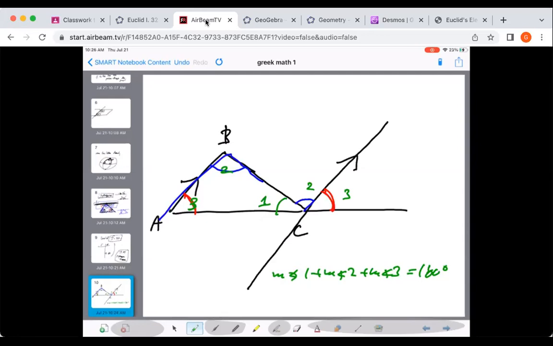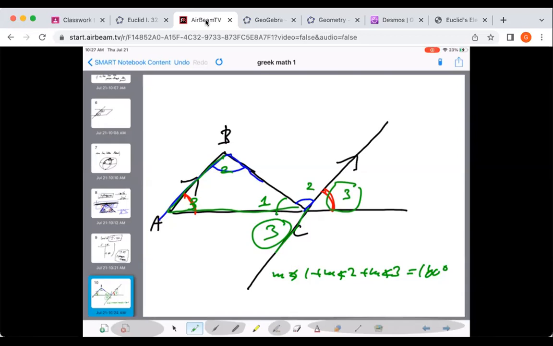It's funny because I just should have thought about this, but angle 3 happens to also be over here because of alternate interior angles. So if I just use this angle here, I'm doing Pythagoras' proof. And if I use Euclid's corresponding angles, I'm doing Euclid's proof. I don't know why he chooses one over the other.